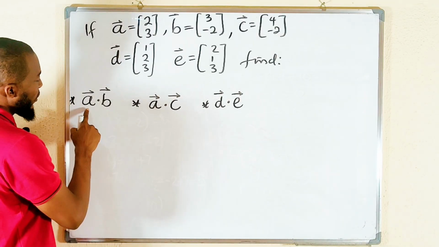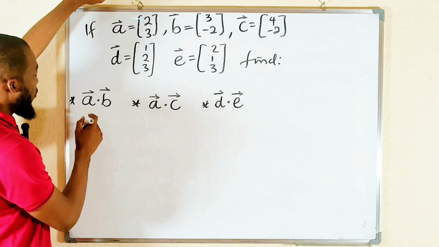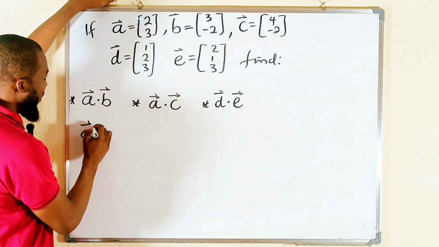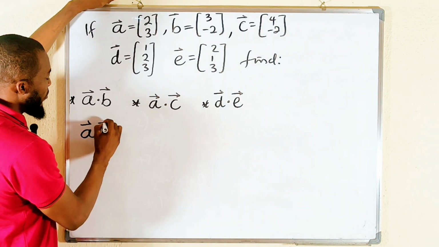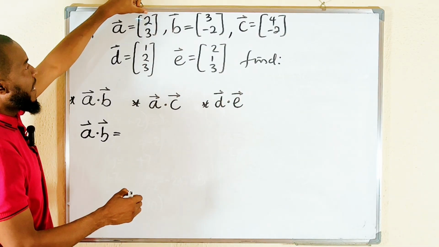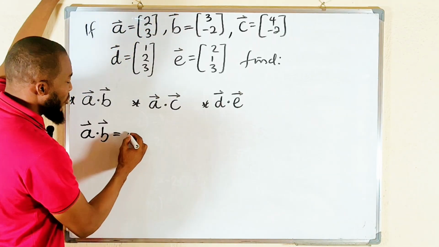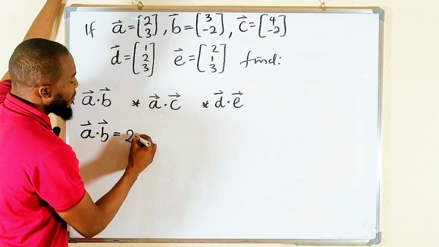So for example, to minimize space, I'm just going to point out, if you want to take a vector a times vector b, multiply the x component first. The x component here is what? 2. The x component there is 3, so you have 2 multiplied by 3.